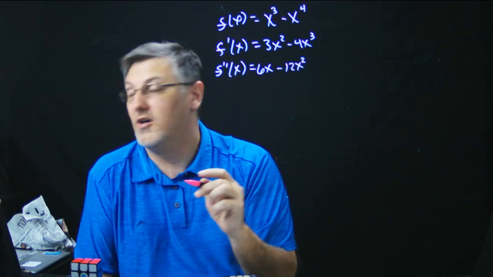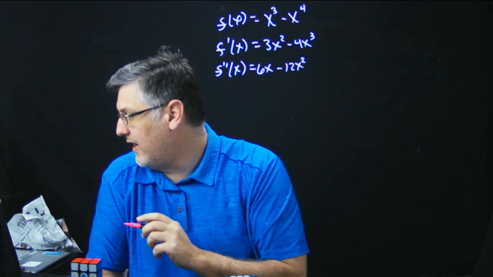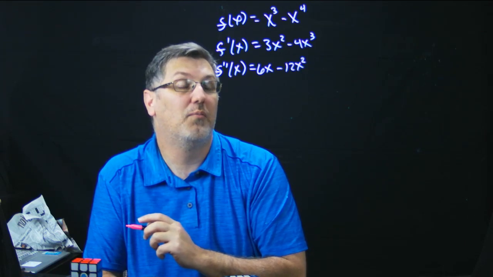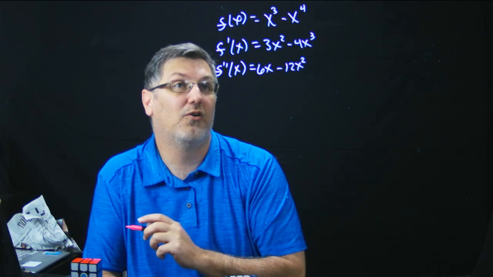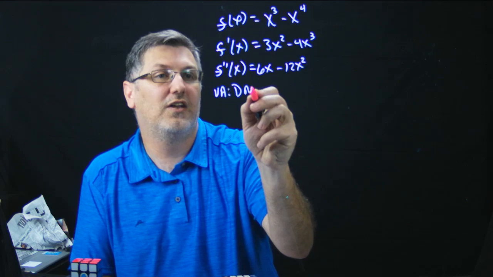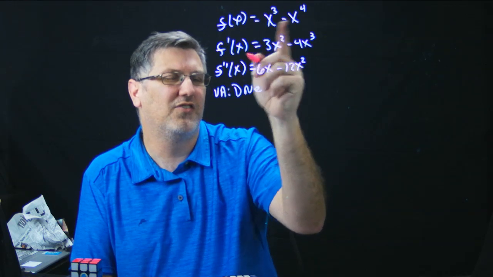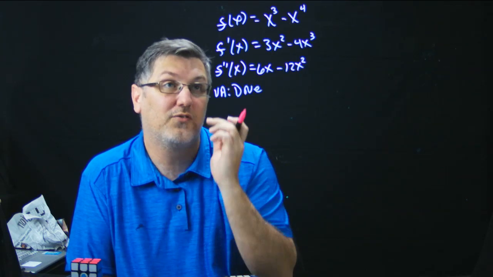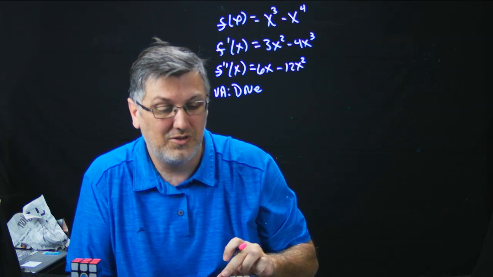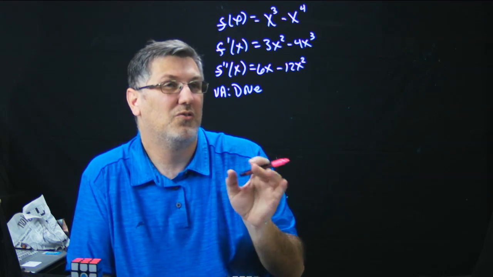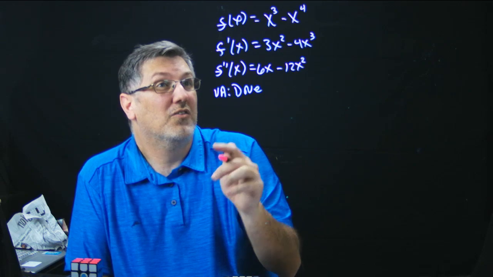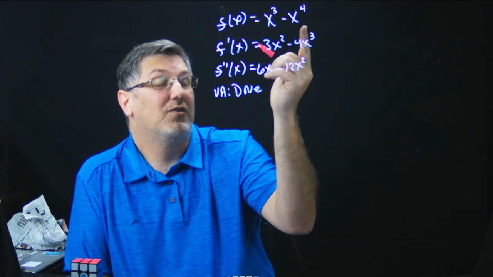All right. I don't know what all it asked. It asked to find the vertical and horizontal asymptotes. So my vertical asymptotes do not exist because this is not a rational function. So there's no vertical asymptotes. There's no horizontal asymptotes on this either. Limit as x approaches infinity.